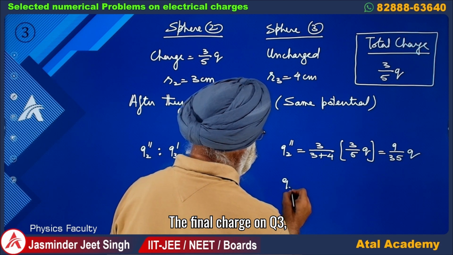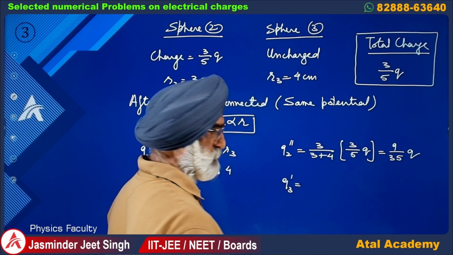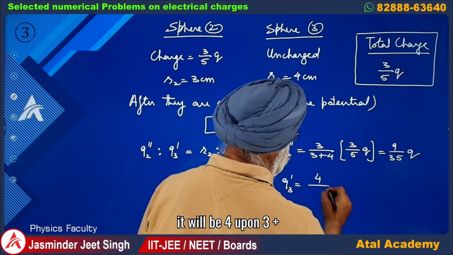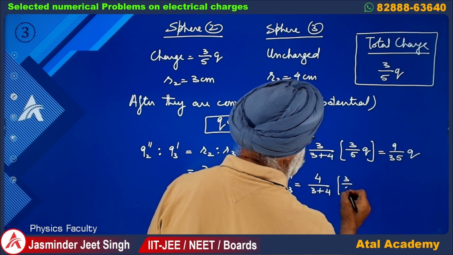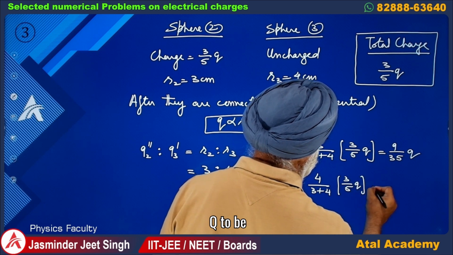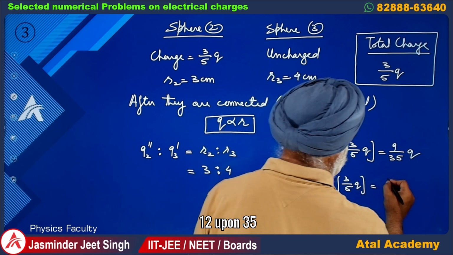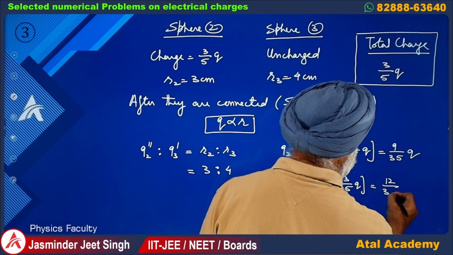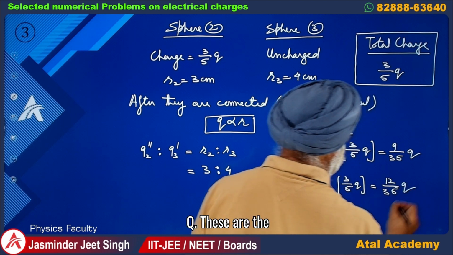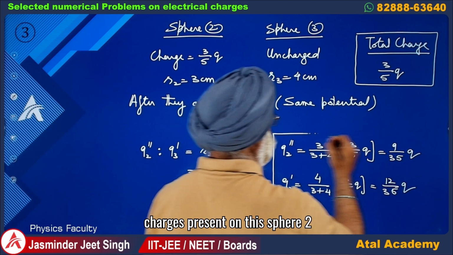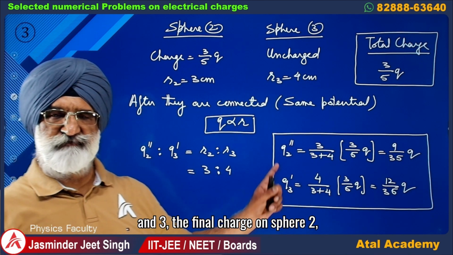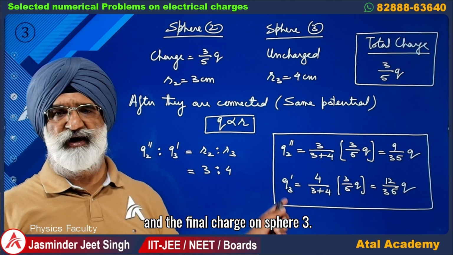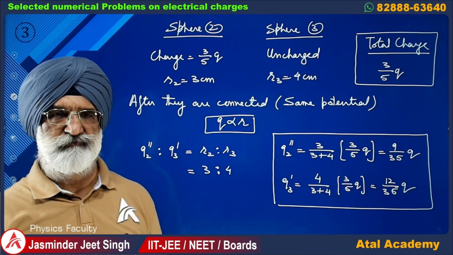The final charge on sphere 3 will be 4 upon 3 plus 4 into 3 upon 5 q. It will be 12 upon 35 q. These are the final charges present on sphere 2 and sphere 3.